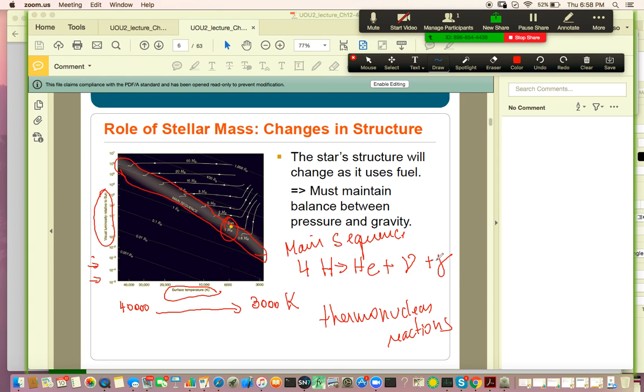This energy, gamma rays, is what flows outward in the direction of the atmosphere and is responsible for maintaining the star in an equilibrium phase.